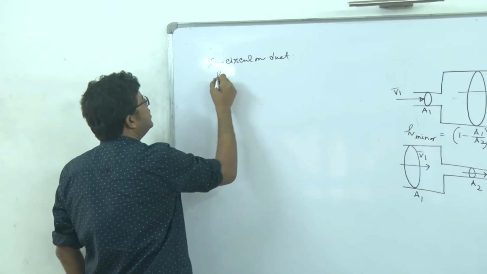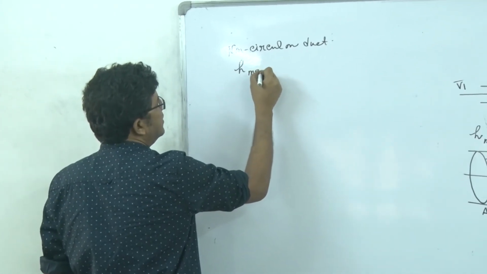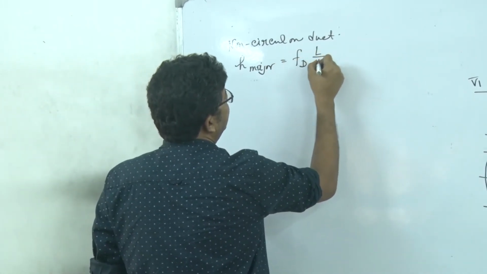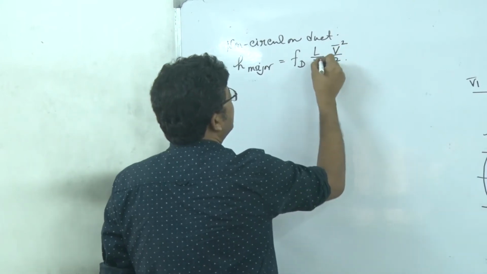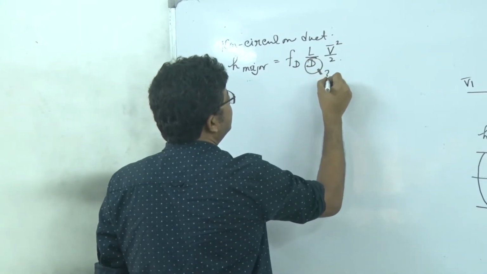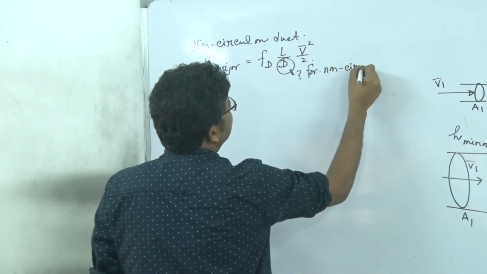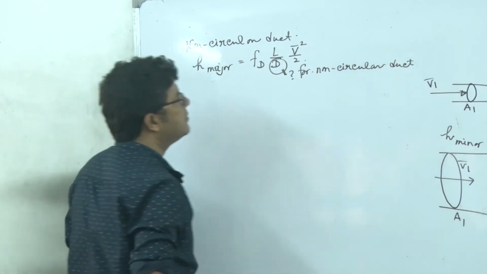If I am trying to use the form H major equal to Fd into L by D into V bar square by 2, the question is what will be this D for a non-circular duct.